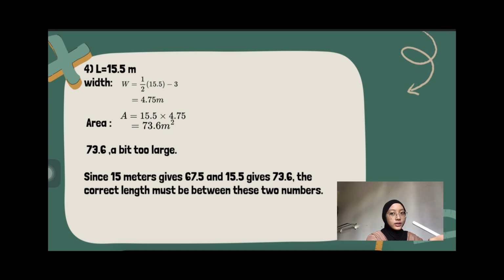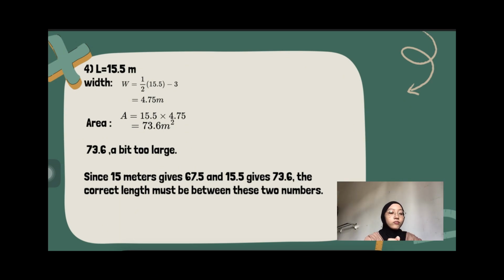The fourth guess, let's make the length equal to 15.5 meters. When the length is 15.5 meters, the width will be 4.75 meters, and the area is 15.5 times 4.75 equals 73.6 square meters.